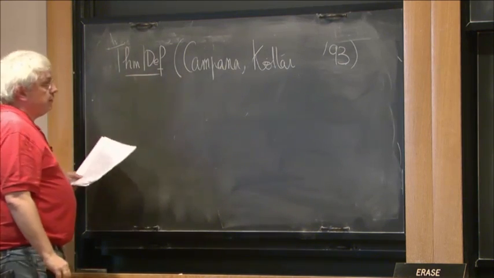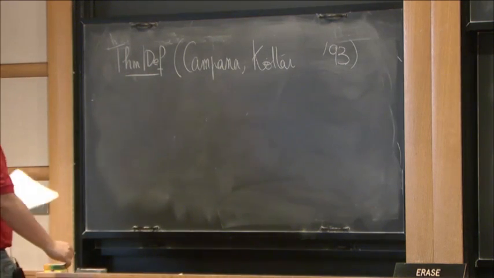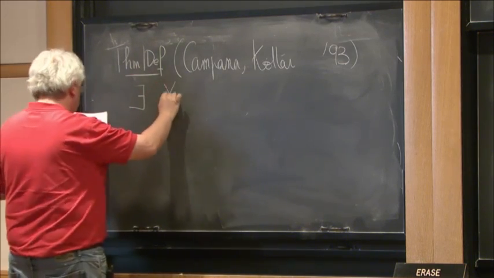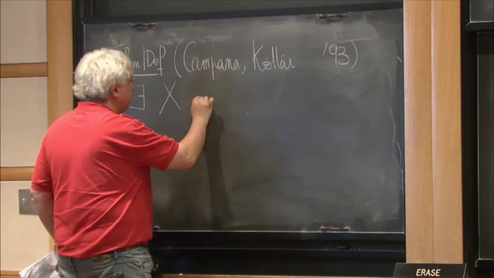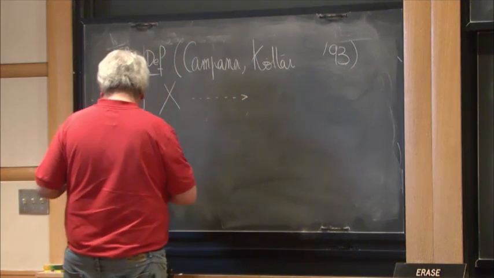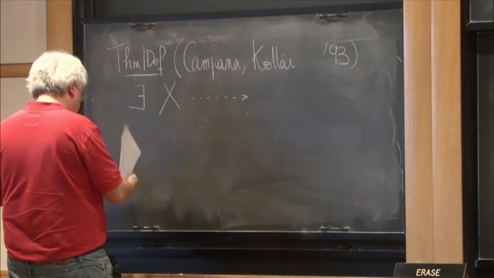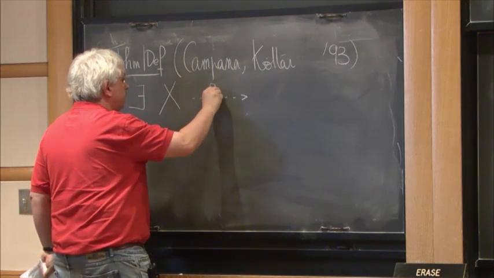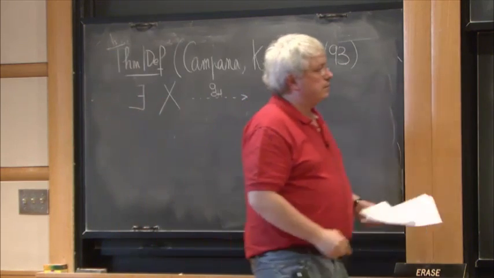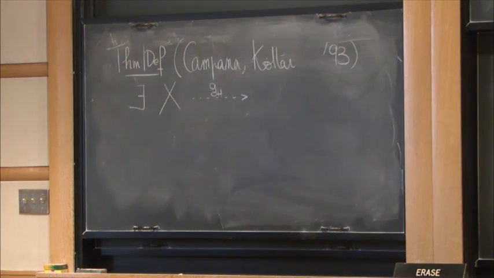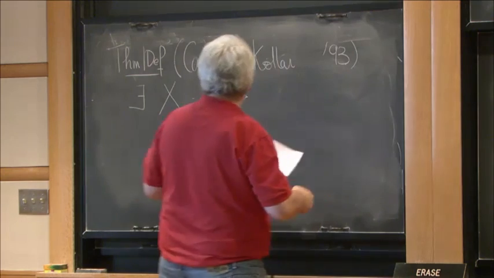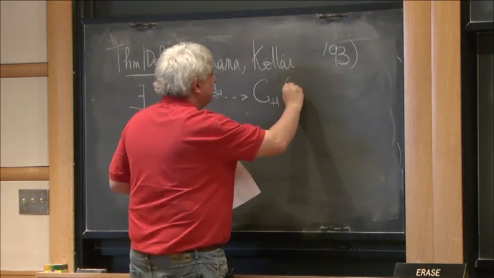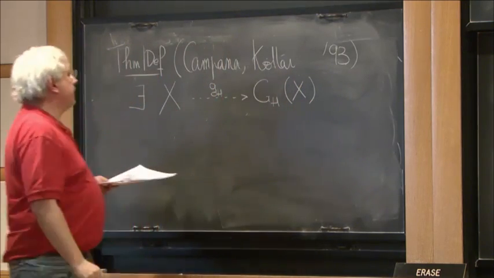Our setup is that X is a compact Kähler manifold, and then there exists a certain map, let's call it G of H, depending on the normal subgroup H of pi1 of X, to a certain compact Kähler manifold.